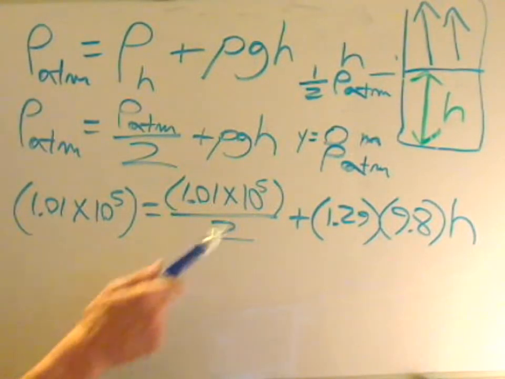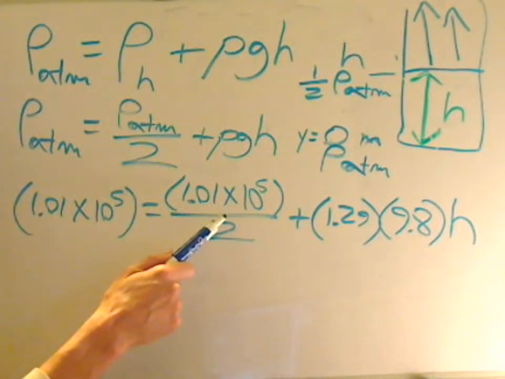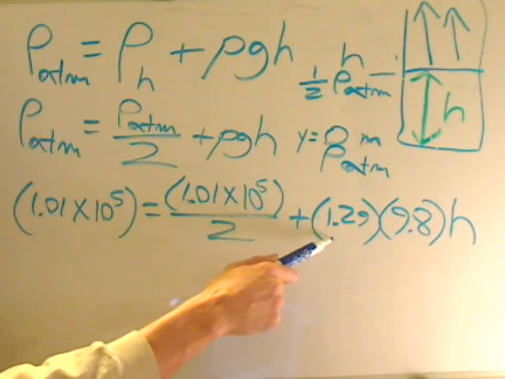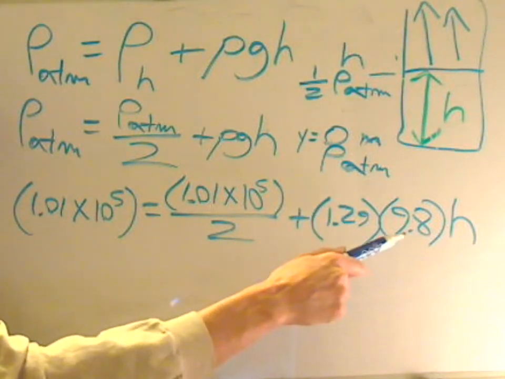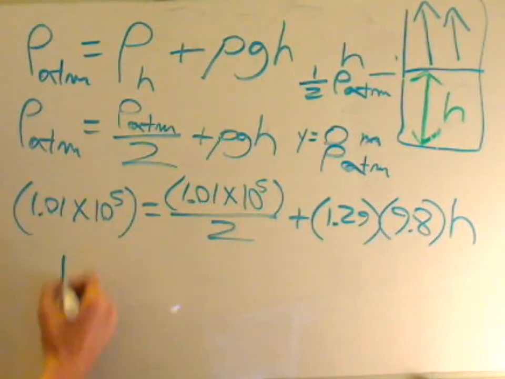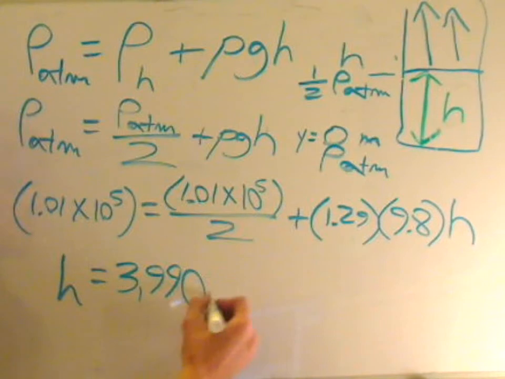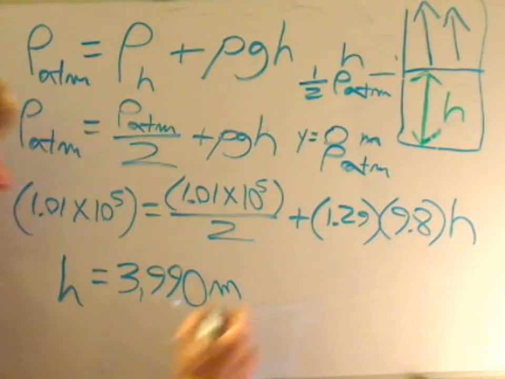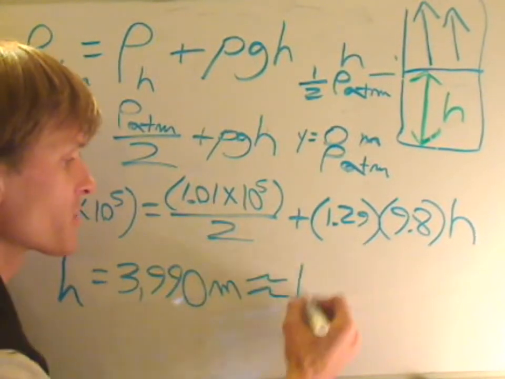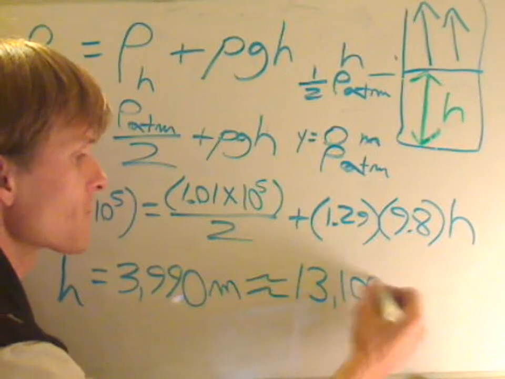After a little bit of algebra, subtract this from both sides of the equation, then divide by this and divide by 9.8, and that gives you your height h, which is 3990 meters. In terms of feet, which we're more familiar with, that is 13,100 feet.